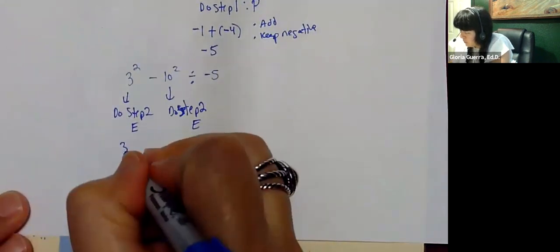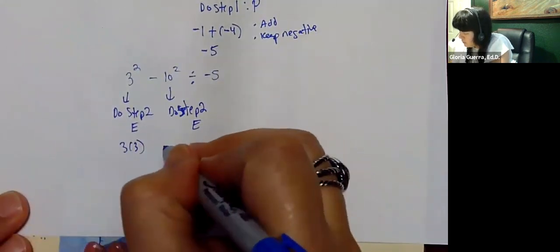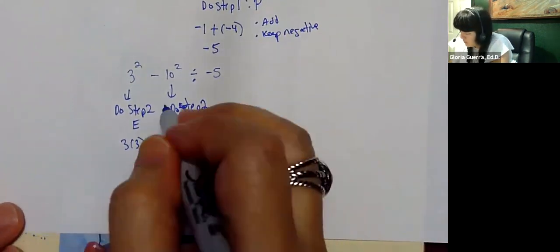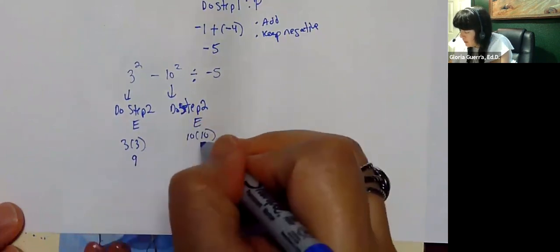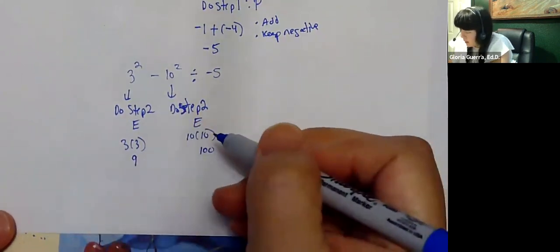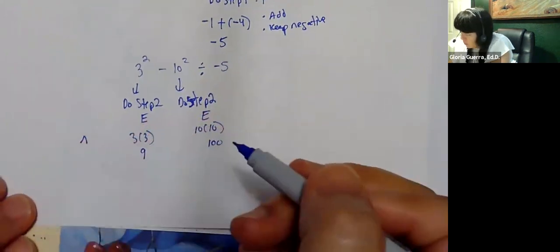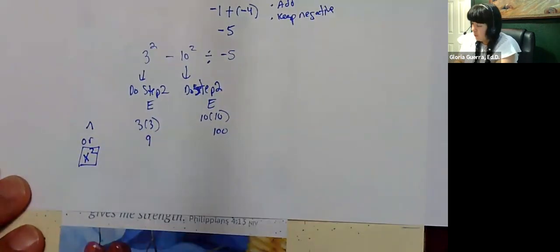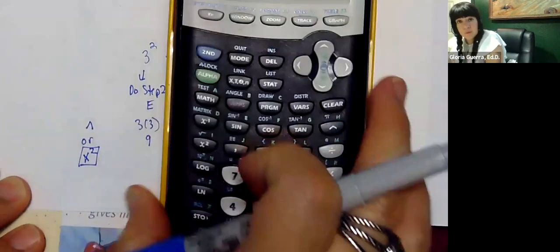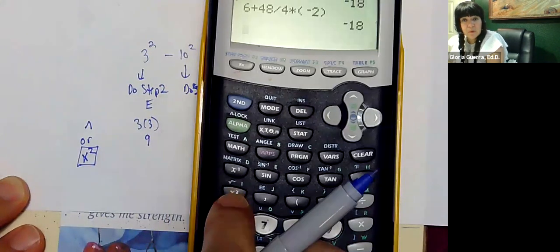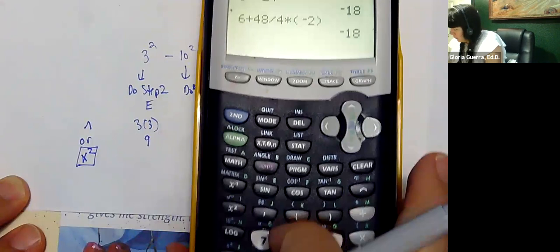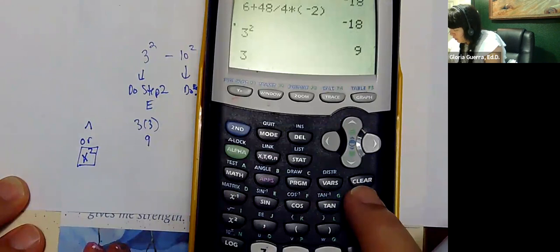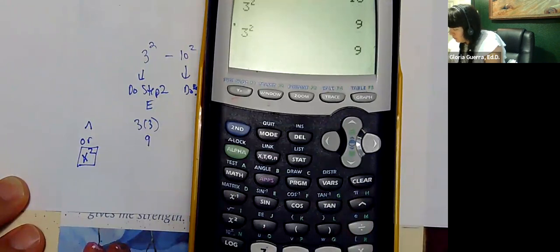So this means 3 times 3, and this is 10 times 10. So 3 times 3 is 9, and 10 times 10 is 100. If you use the x squared key, that will also help. You have 3 and then you hit squared, or you do 3 caret 2, or 3 times 3.